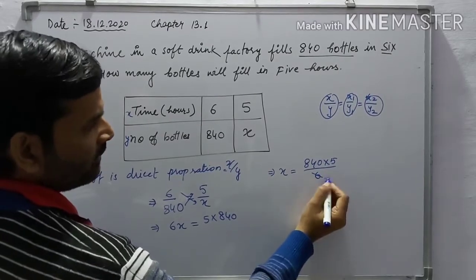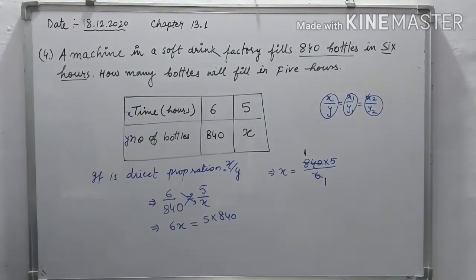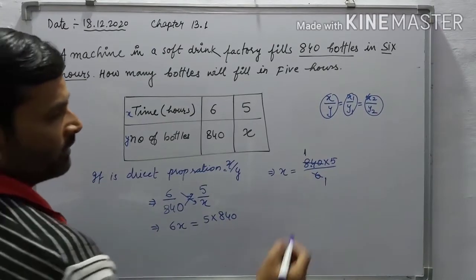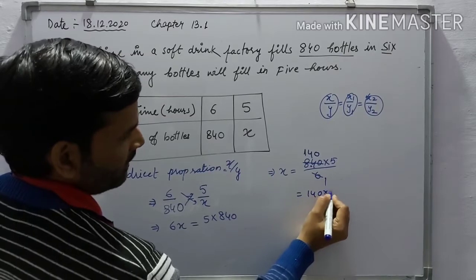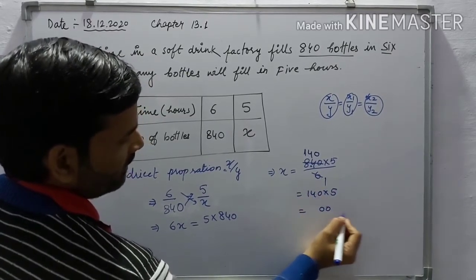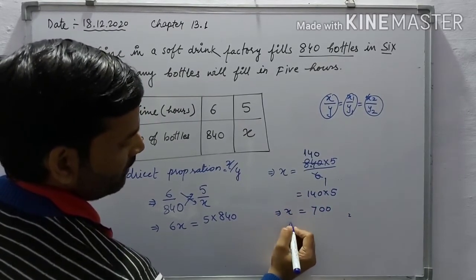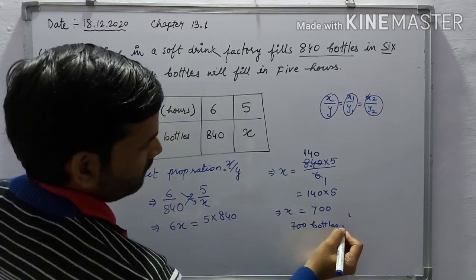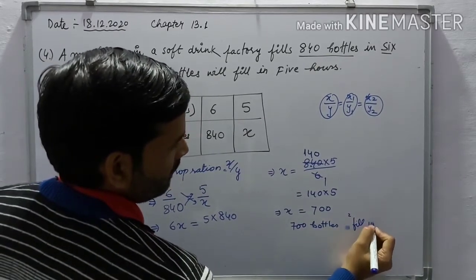Now cut by 6: 6 ones are 6, and 6 fours are 24, so we get 140. Then 140 multiplied by 5 is 700. This means x is 700 bottles filled in 5 hours.